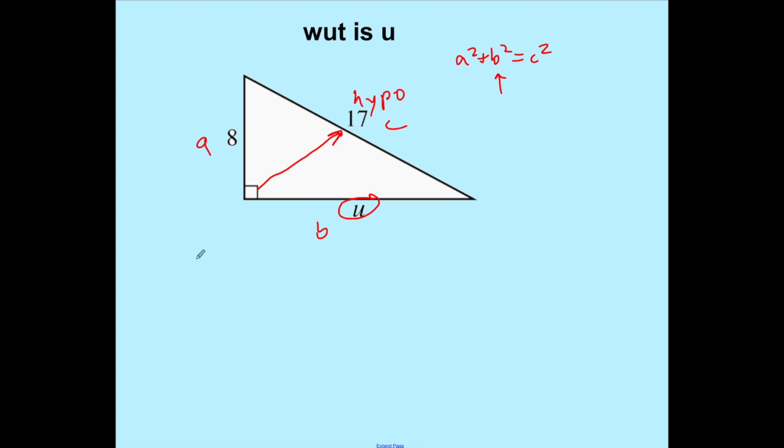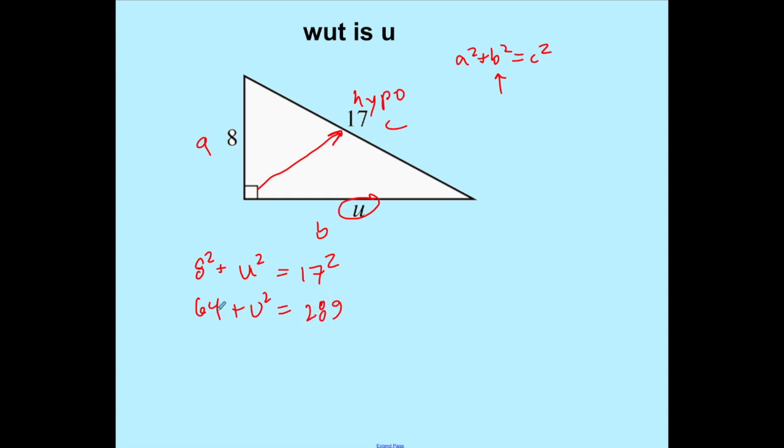So how do we solve that? Well, let's do this. 8 squared plus u squared, because we don't know that, equals 17 squared. So that'll be 64 plus u squared equals 17 squared, which is 289.